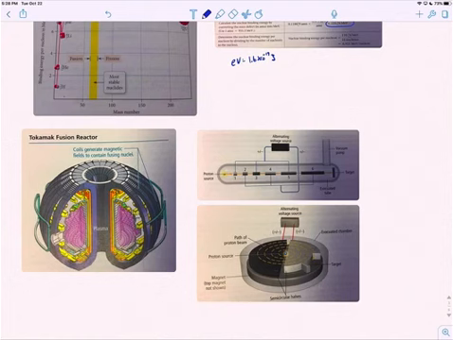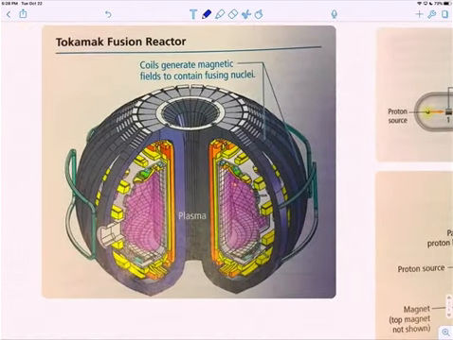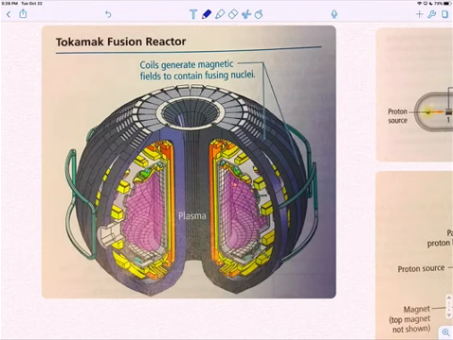There's the tokamak fusion reactor. The textbook talks about this. It's a Russian design. You basically have a big donut. If you've seen the movie Iron Man, it kind of looks like the reactor that they have in Iron Man, but of course it's bigger for the tokamak.